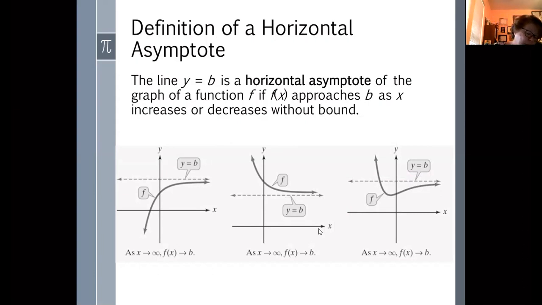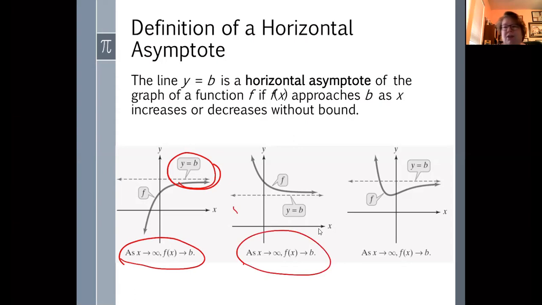So look at this first graph here. As x approaches infinity, so as it goes off to the right forever, my graph is approaching a particular value. So y is approaching a particular value. That's a horizontal asymptote. In this graph, we have the same thing going on. It's just approaching from the top and going down.